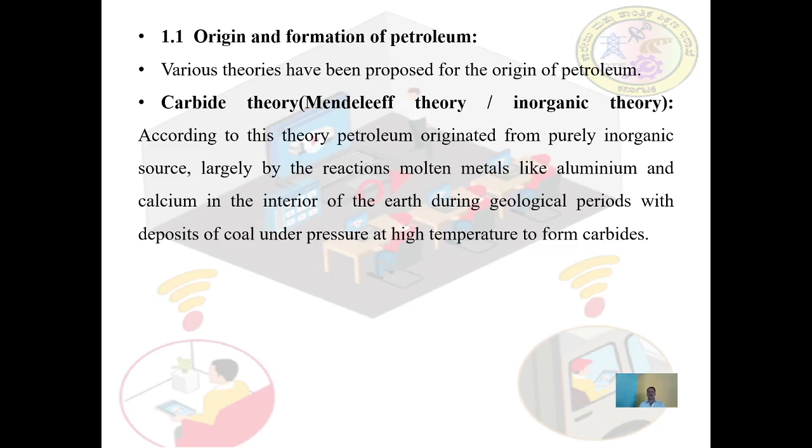That is, aluminium reacts with carbon and gives aluminium carbide, and calcium reacts with carbon gives calcium carbide. For example, calcium plus carbon gives calcium carbide. 4Al plus 3C gives Al4C3, aluminium carbide.